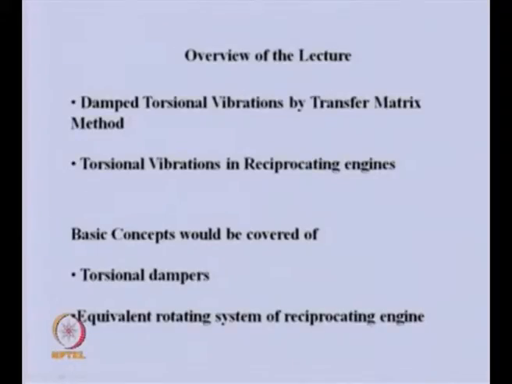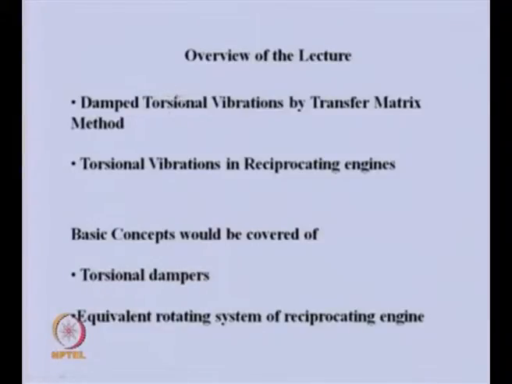So, what would be the change in the point matrix and field matrix if we include the damping also in the shaft system or in the disc system? We would see that. Now let us see the overview of what we will be covering.